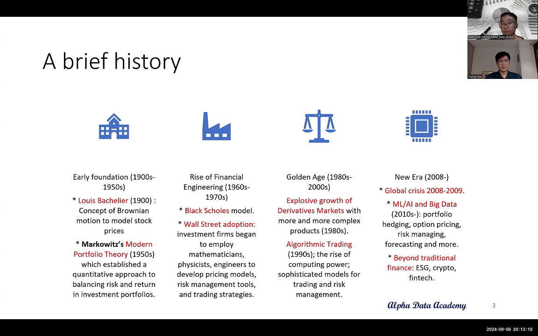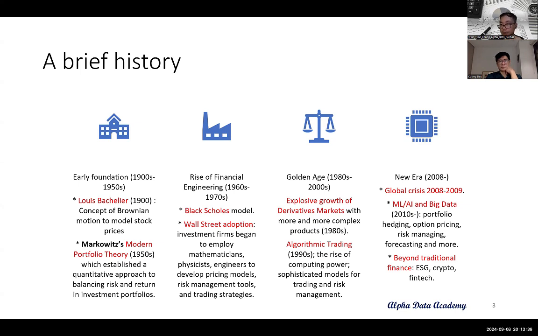And quantitative finance and quant professions came to their golden age from 1980 to the very first year of the new century. First of all, because of the explosive growth of derivatives markets with more and more complex products.